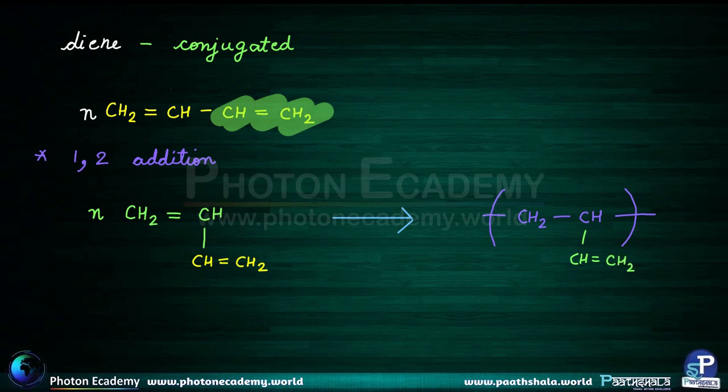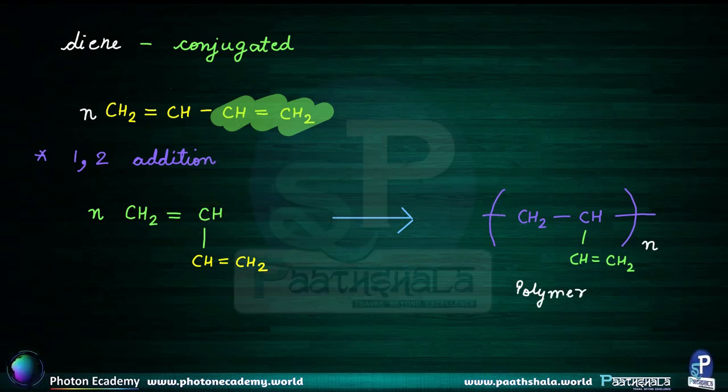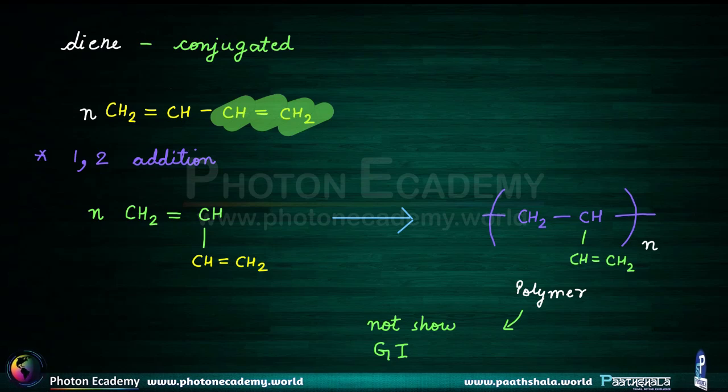And these will be n in number, so it will form a long chain. This polymer that we have obtained doesn't show any geometric isomerism, which is represented as GI. Why? Because the double bond is not in the midsection.